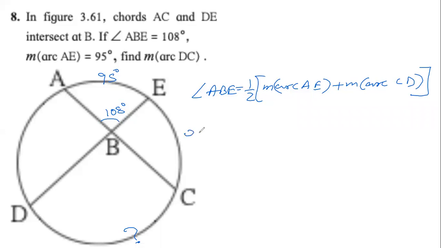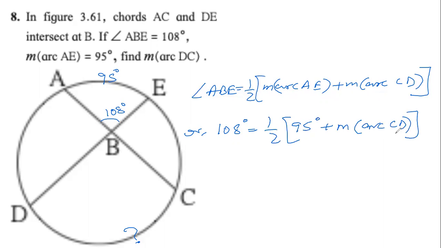How much is ABE? 108 degrees is correct. Then 1 by 2 within brackets for AE, 95 degrees, and for measure of arc CD, we don't know, we are calculating. See, linear equation in one variable.